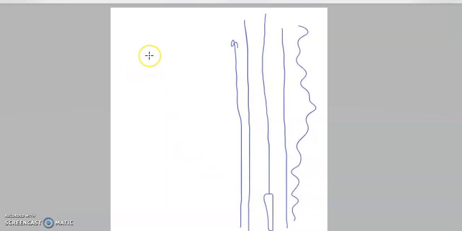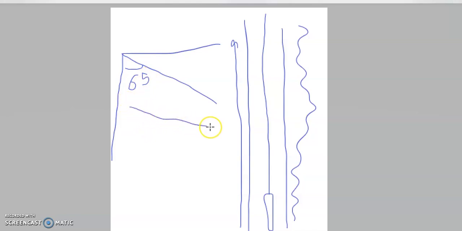But in deviated wells, let's say this is 65 degrees. If we drill at an angle more than 65, we can't do logging or wireline, because we have some problems in this area.